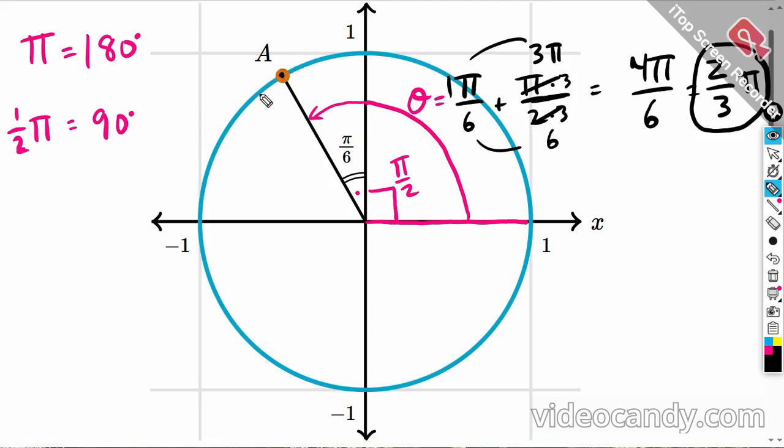And here's point A. Let me erase the A so I can write here. Remember that we said the x-coordinate is the cosine, so that's going to be cosine of 2/3 pi. And the y-coordinate is going to be the sine of 2/3 pi.